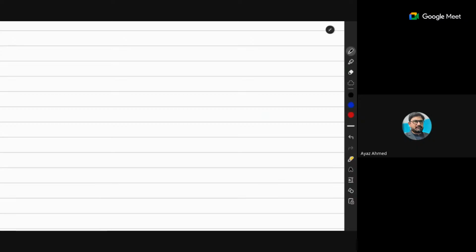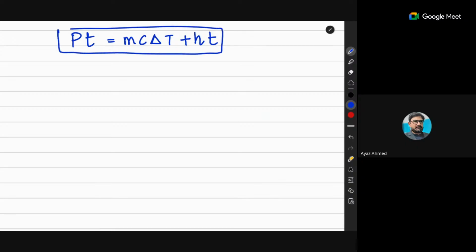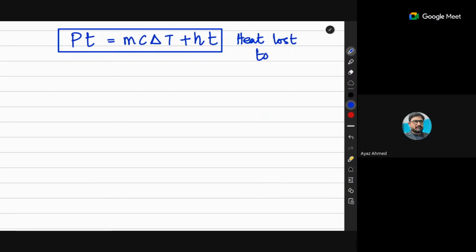As I told you, the equation you had made was Pt equals mc delta T plus h into T. This was equation number one, for when the heat is lost to the surroundings.